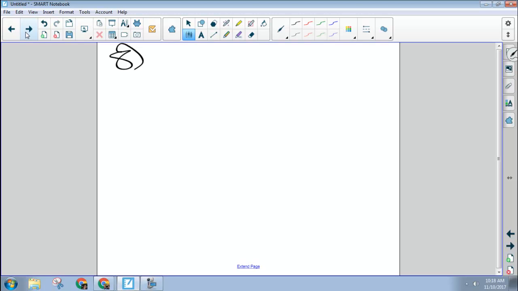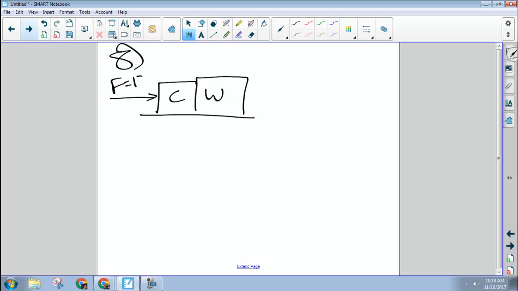Awesome. So this is like a classic systems of objects problem, all right? So here's our deal. We've got Cheerios, Wheaties. We're pushing them with a force of 12 newtons. All right, and then there are 2 frictional forces. There's the force of friction kinetic on the Cheerios, which is 2 newtons.